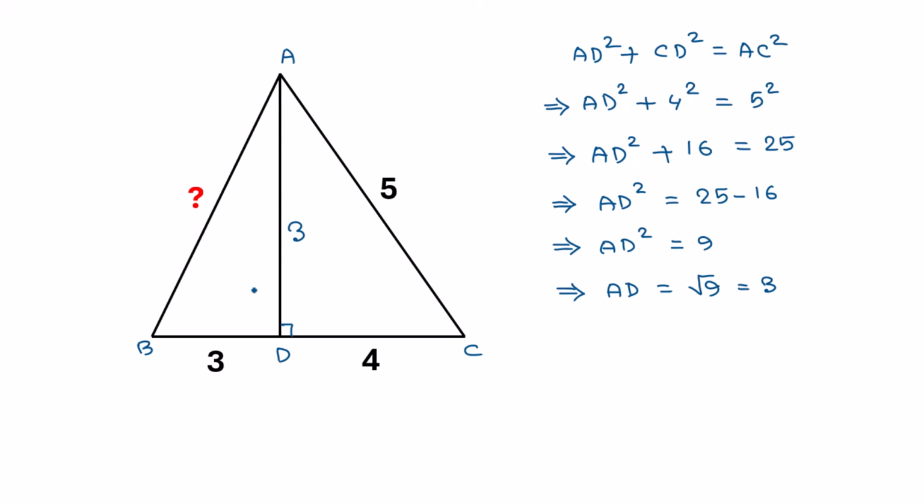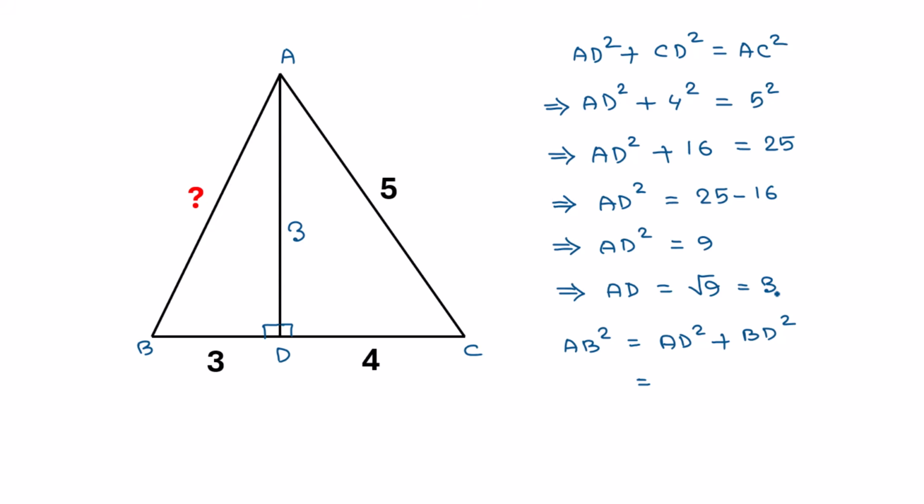Again, as this is also 90 degrees, applying Pythagoras theorem to here, we will get the value of AB. So applying this theorem again, AB square will be this height square, AD square, plus this base BD square, is equal to AD.